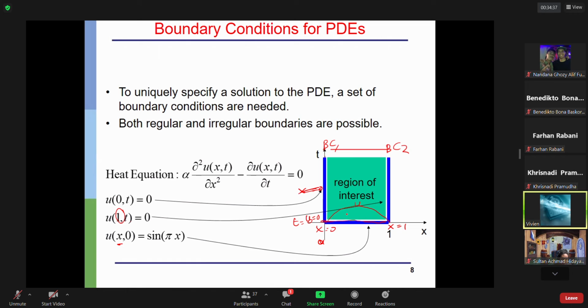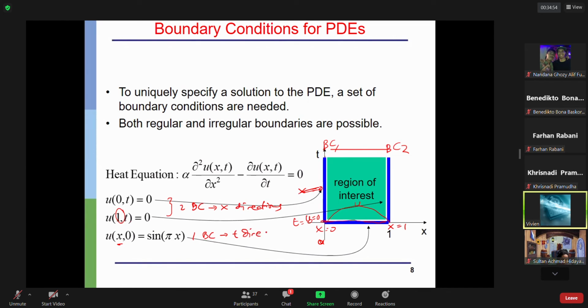So this will be two boundary conditions in x direction, and we have one boundary condition here in t direction.